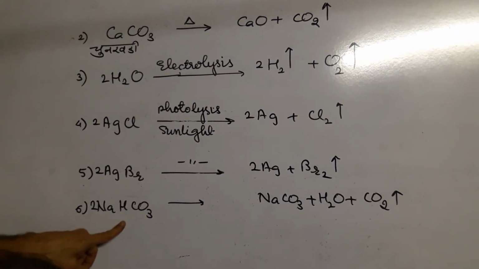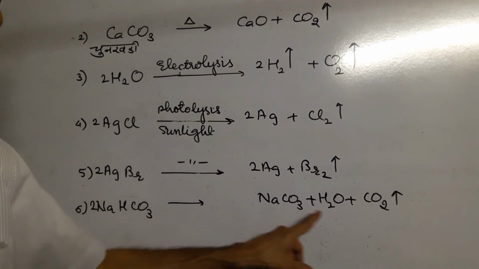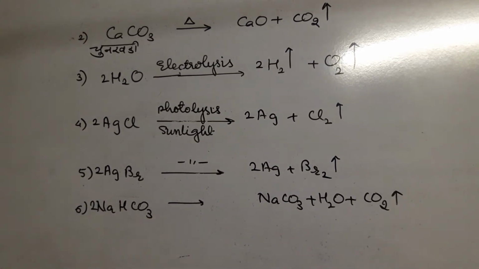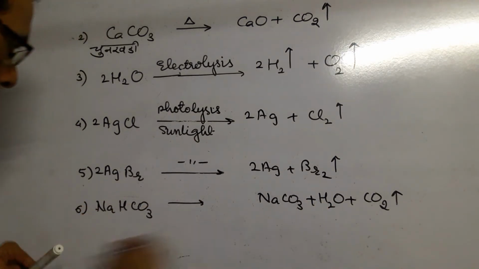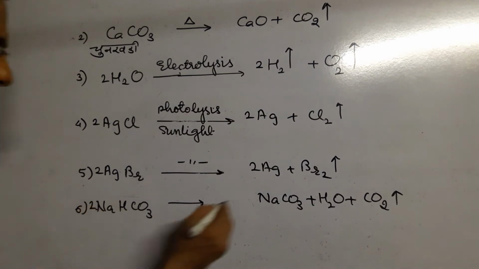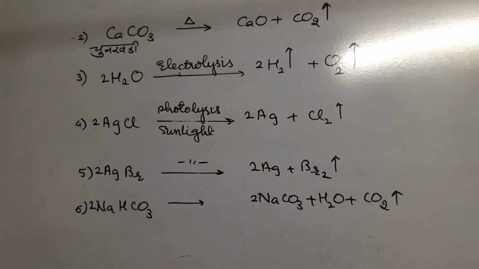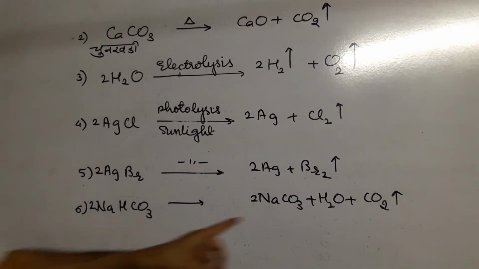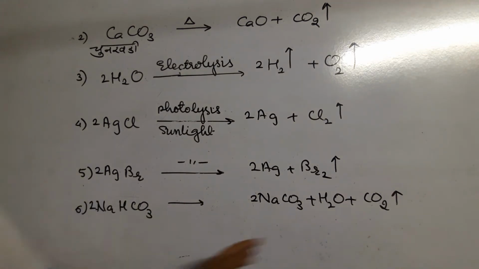So sodium bicarbonate on heating, you get sodium carbonate, water and carbon dioxide. Here 2 will come, H2, here 2 will come, here 2 will come. You find the 3 compounds are formed. So this is known as decomposition. You study this. Let us go to the next one now.